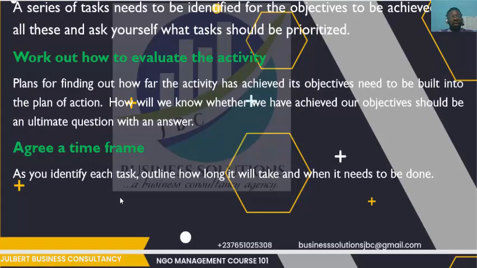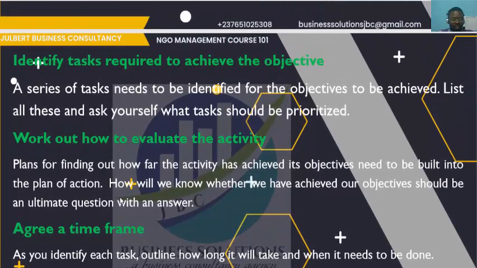The next step, you need to work out how to evaluate the activity. Plans for finding out how the activity has attained its objectives need to be built into the action plan. That might be the last activity in the plan, which is monitoring, which is evaluation.